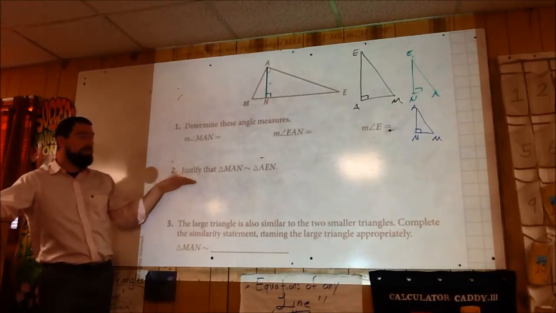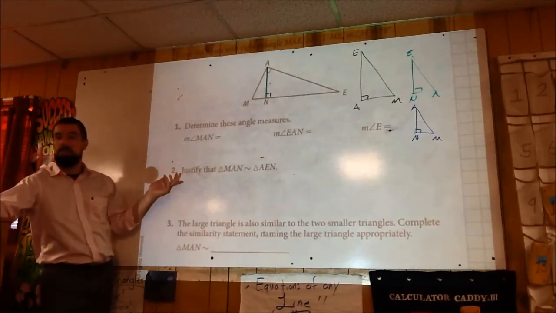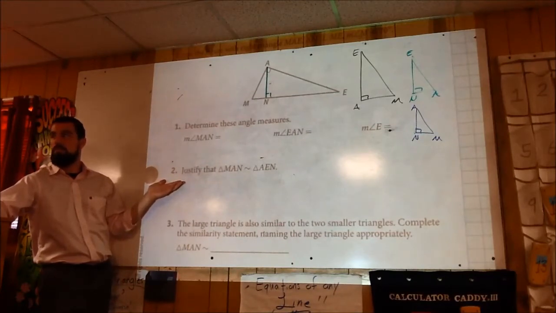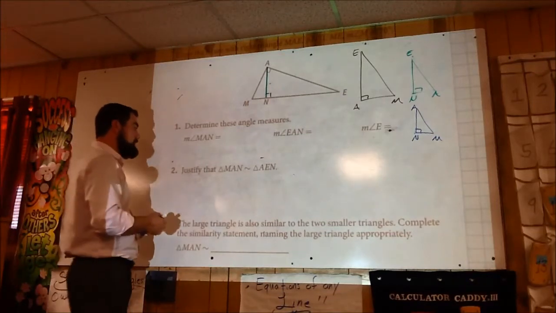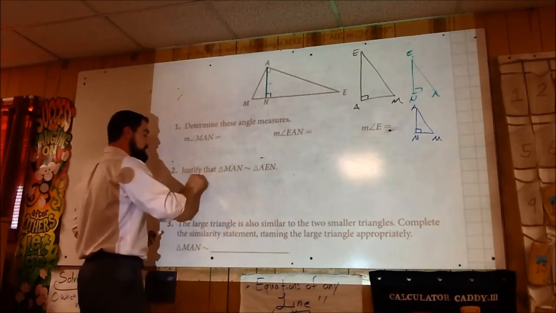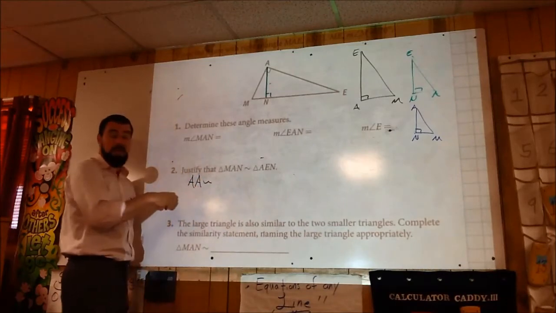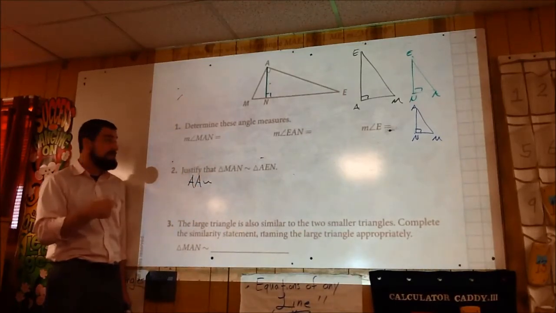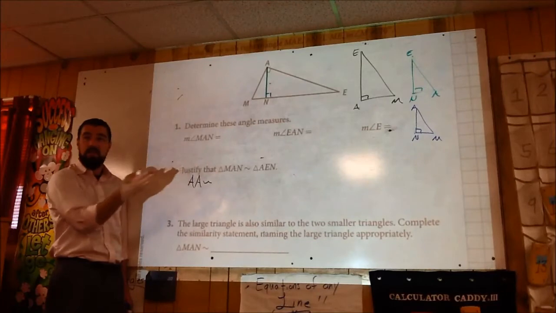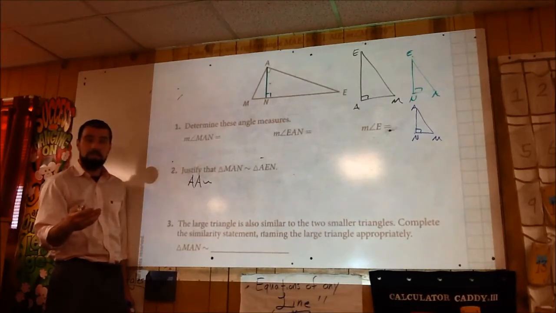So when you were trying to find item 2, why are these triangles similar? Louder. Angle, okay, good. So we know that these triangles are similar by angle, but in order to use angle similarity to prove triangles are similar, you need to tell me what angles are congruent.